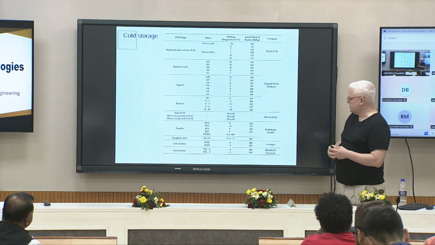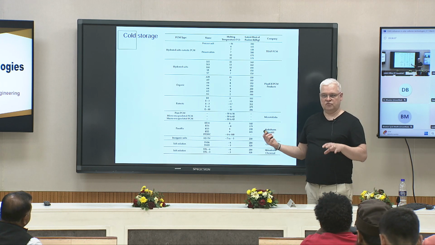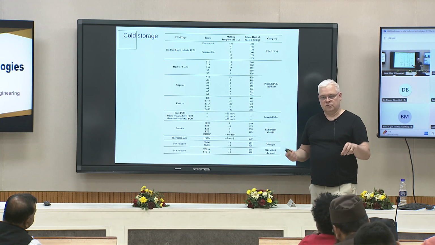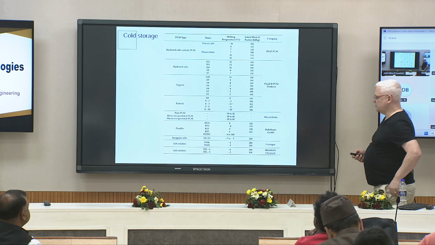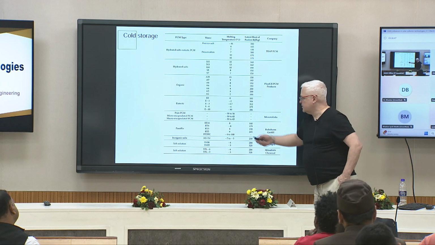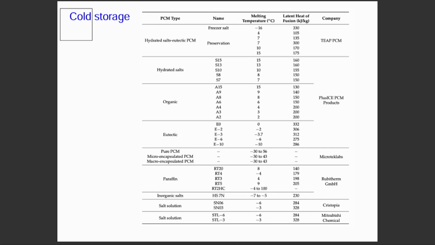Okay, so it's interesting also, kind of materials to store when you are generating cool, to keep this and store it. Okay, so you can see the melting temperature that could be interesting to investigate.